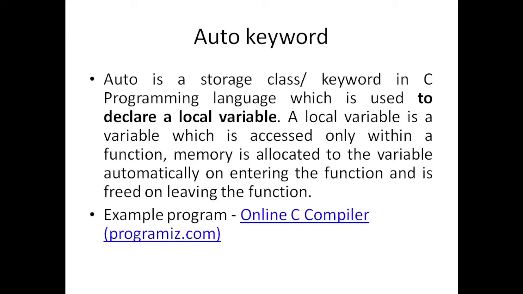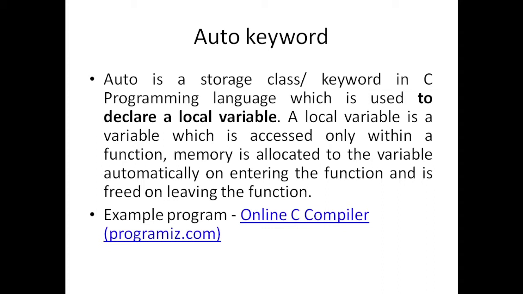To deallocate automatically, we have the auto keyword. Auto is a storage class or keyword in C programming language, which is used to declare a local variable. In the previous class, when I didn't have the laptop, I shared a few ideas about local and global variables.